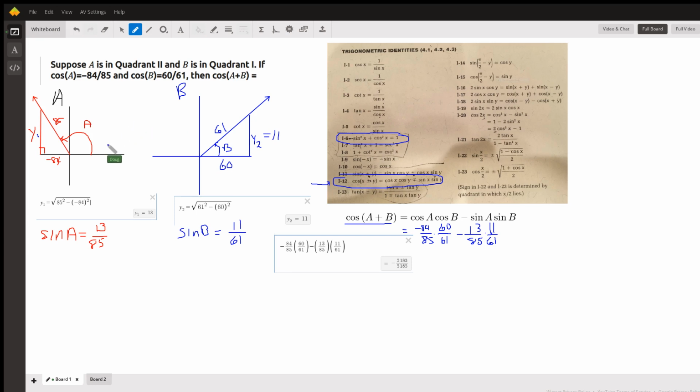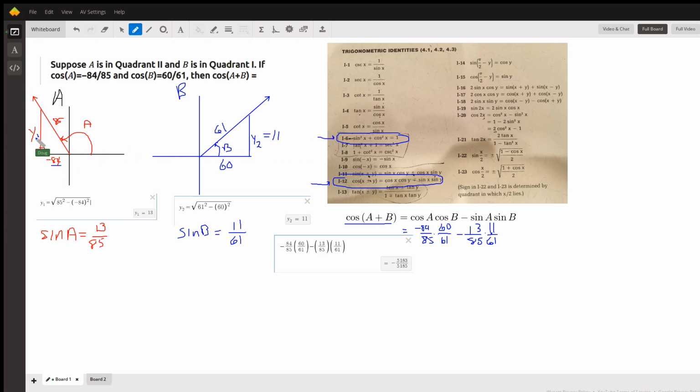I like to draw a little diagram, and you're doing the same thing. If angle A is in the second quadrant, you can picture that the cosine of that angle is -84 for this x coordinate right here over the hypotenuse, 85. So we need to use the Pythagorean theorem, which is the same as this identity right here.